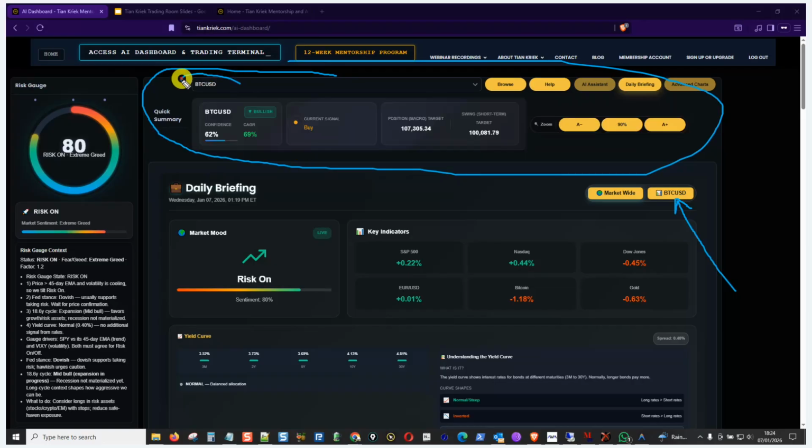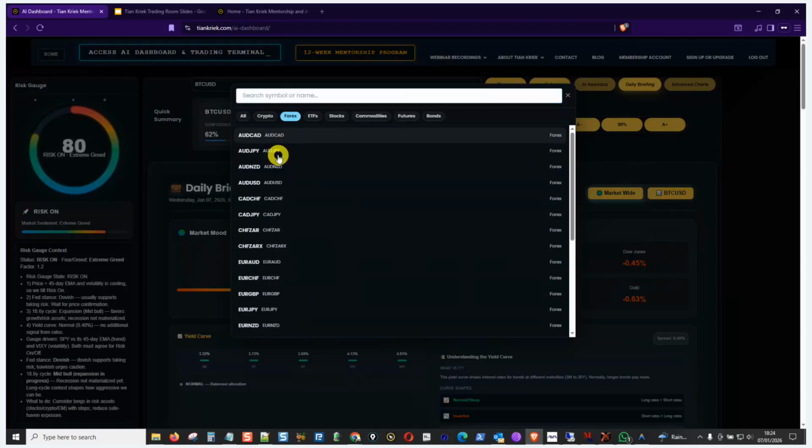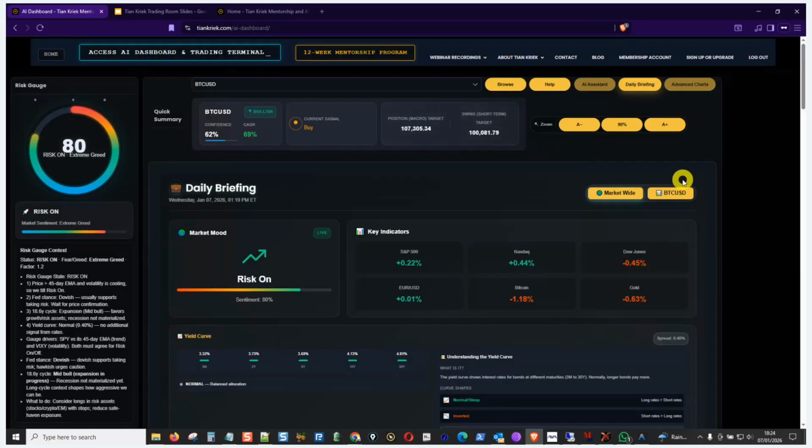So I have Bitcoin loaded. If I click on browse and I load anything else here, a Forex or an ETF or crypto or a stock, then this label over here will change.